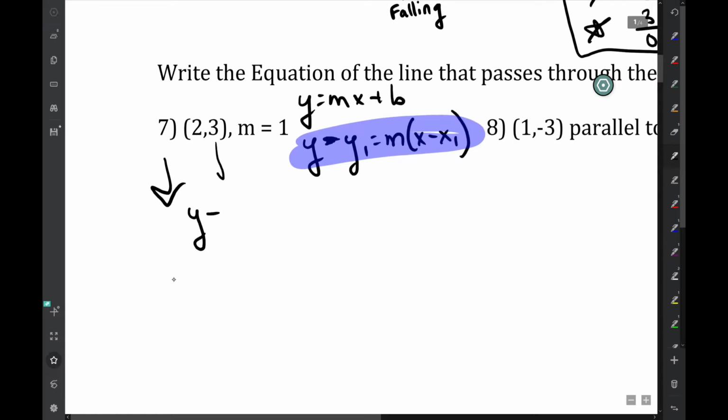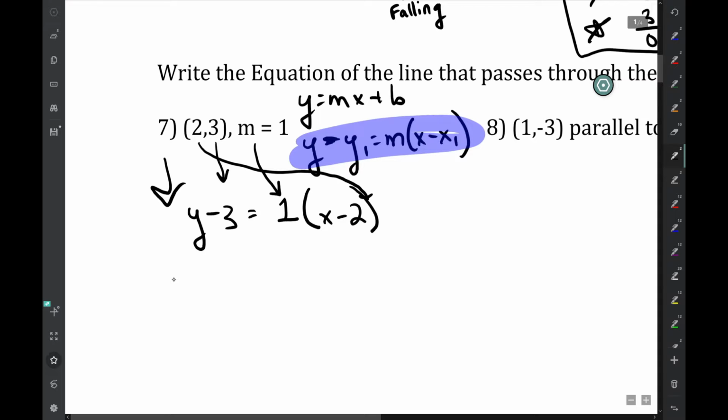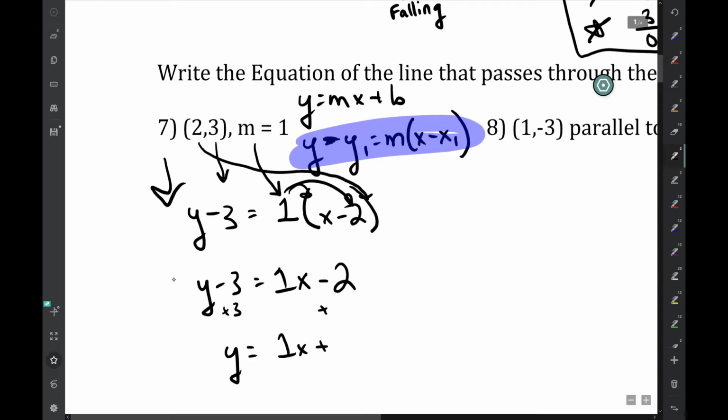Y minus 3 equals the slope times x minus 2. You have y minus 3 equals 1 times x minus 2, because you distribute. And you solve for y, so y equals 1x plus 1. Using point slope form.